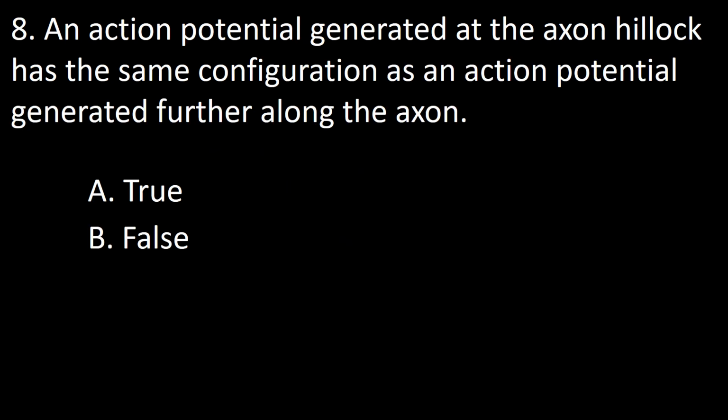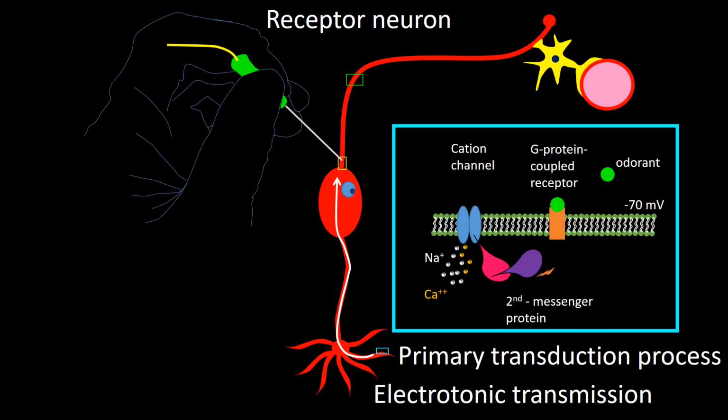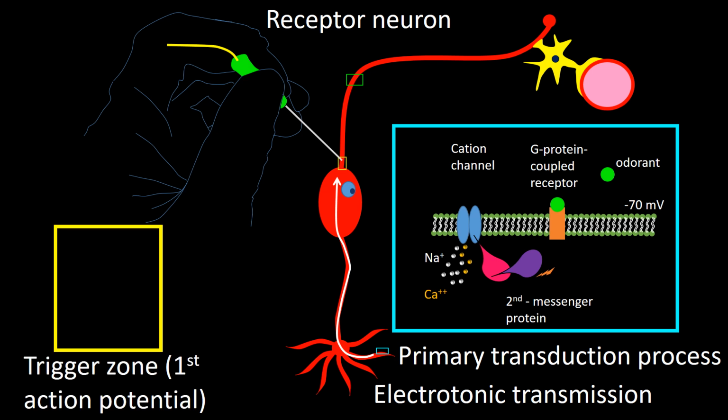Next question. An action potential generated at the axon hillock has the same configuration as an action potential generated further along the axon. A true, B false. An electrode introduced in the axon hillock in the case of a strong stimulus will record the initial action potential, as you can see here.